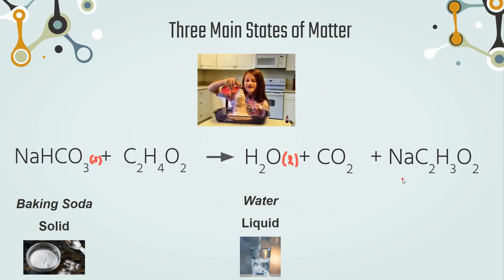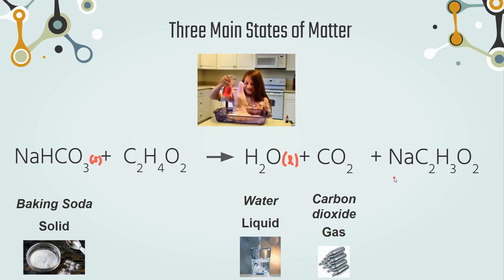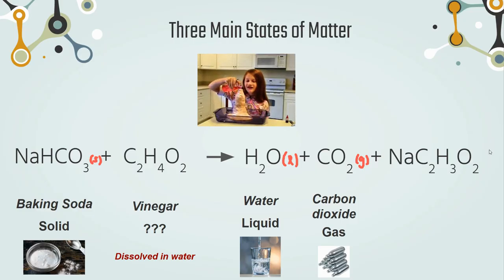Carbon dioxide we know is a gas, and it's invisible, so I can't get an image of it. It usually comes in these canisters. But that CO2 that creates the bubbles of that volcano, since it's a gas, we'll put a little g afterwards, a lowercase g, to show that it's a gas. But those other two parts of this equation, the reactant and the product, the vinegar, it's technically not a liquid itself. It's dissolved in water. So what do we put after vinegar?